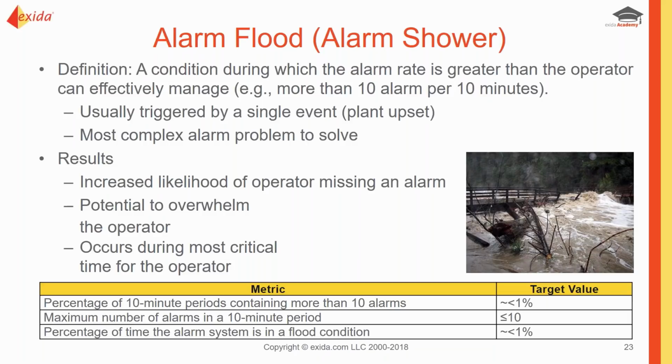This can be one of the most challenging and stressful times for an operator because depending upon how many alarms they get, they are very likely not able to effectively understand and respond to each one, so they can miss alarms. And if they happen to miss the wrong alarm, you can end up with an incident or an accident. So key parts of our performance analysis is to measure how many alarms we're getting during these upset scenarios and seeing how much of the time we're in this kind of an upset.